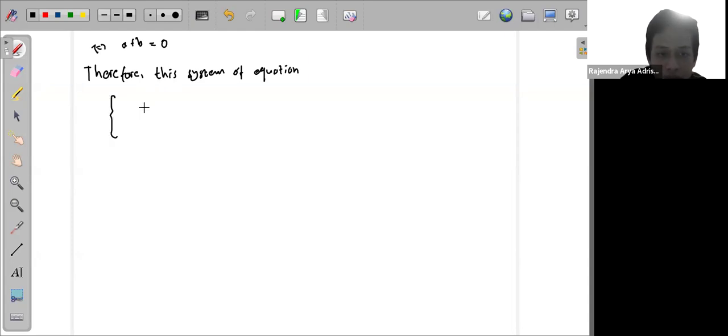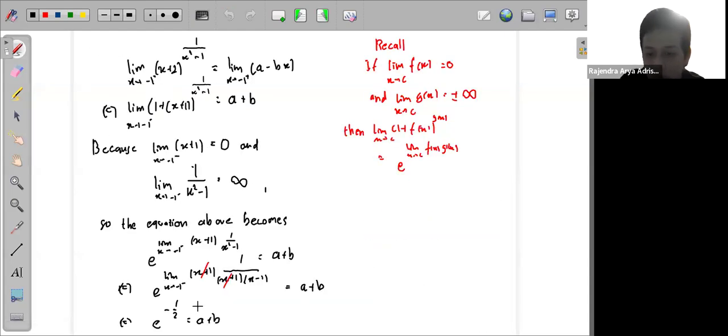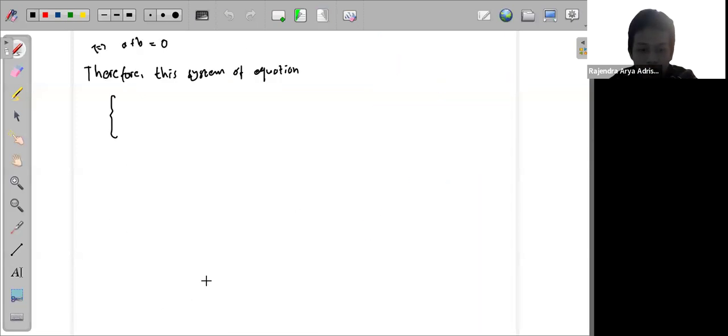It's the two that we got from both cases. So from the first case, we got this, and from the second case, we got this. Because we want f to be continuous, this system of equations must be met.